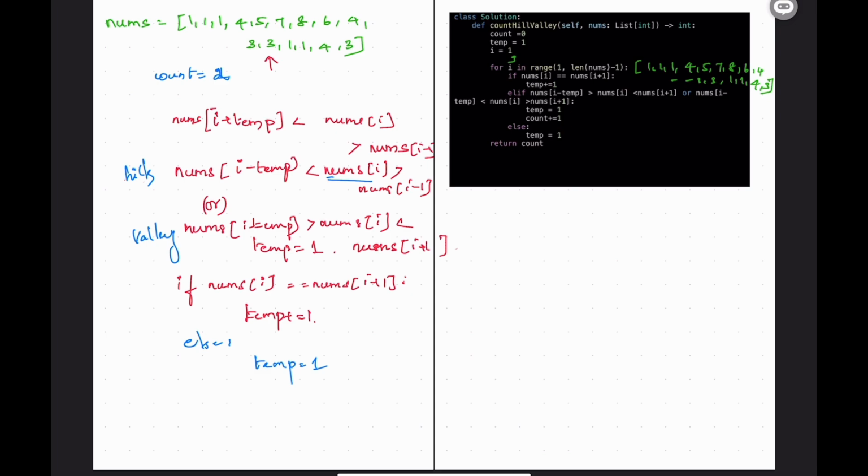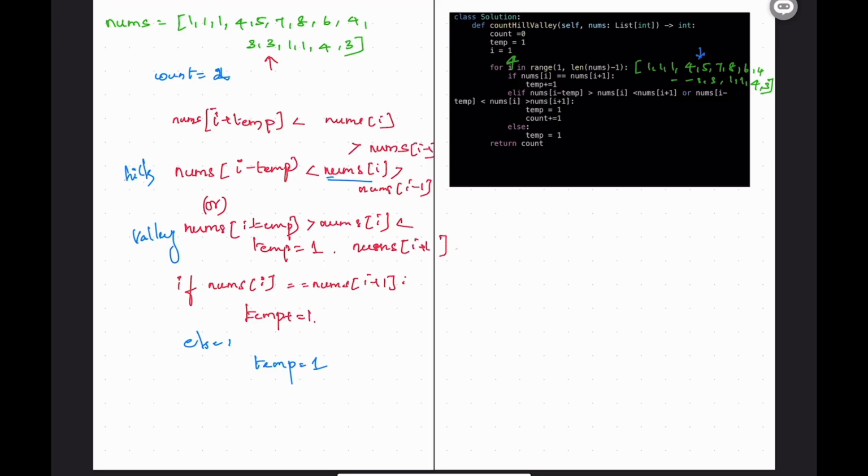Now I comes to 4, nums of I equals 5. 5 minus temp is 4, right? 5 minus 1 is 4, is it greater? No, it is lesser. Then this also should be lesser. No, but that's not the case. So it will not do anything.